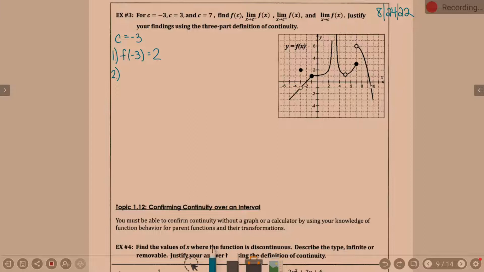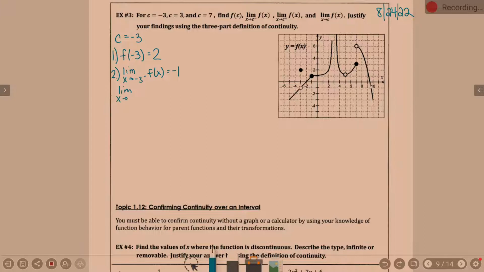The second piece, does the limit exist? Let's look. What is the limit from the left? And what is the limit from the right? What is the limit as x approaches -3 from the left? And that is -1.